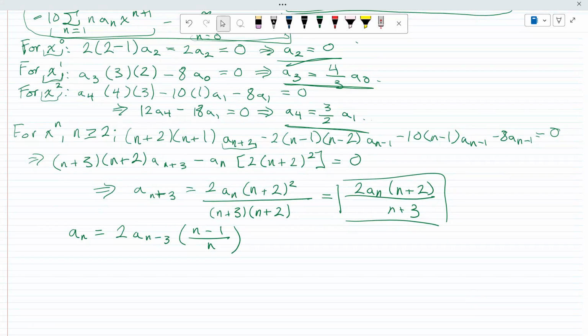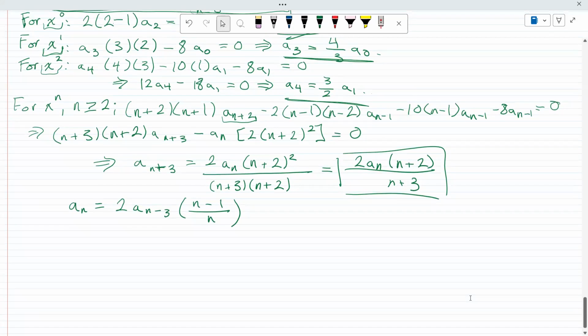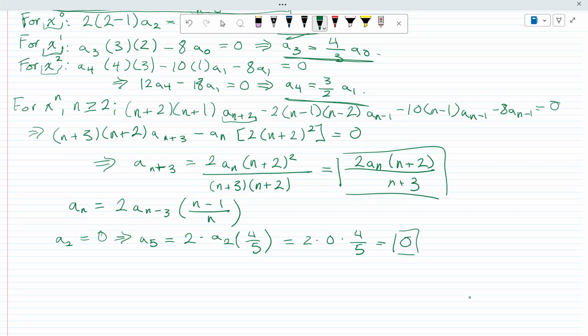Since we know that a2 is equal to 0, that would imply that a5 is equal to 2 times a2 times 4 over 5, which is 2 times 0 times 4 over 5, which is just 0. And you can see that this relationship will keep going. It'll keep going for every a_{3k+2}. It'll be equal to 0 for all k in the natural numbers.